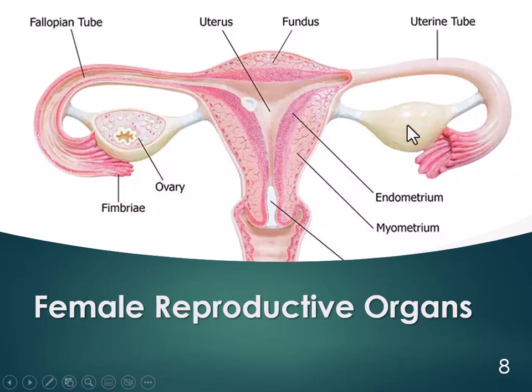Okay, from the ovary, eggs are released, and we'll talk about that in a minute, and caught by the fimbriae of the uterine tube or fallopian tube, and the egg will travel down the fallopian tube, and somewhere in the uterine tube or fallopian tube is where fertilization takes place. And then the fertilized egg will travel down and attach to the uterine wall.